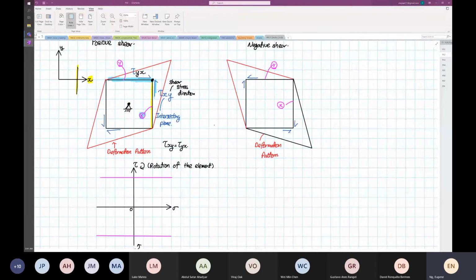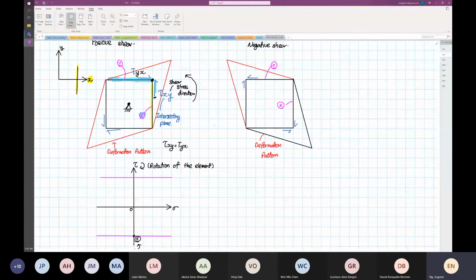So this arrow that I've just underlined will make the element rotate in an anti-clockwise direction. So you go to the Mohr circle now. At the bottom part, this is your point X, because the element is rotating in an anti-clockwise direction. You can see this arrow down here, it is anti-clockwise.